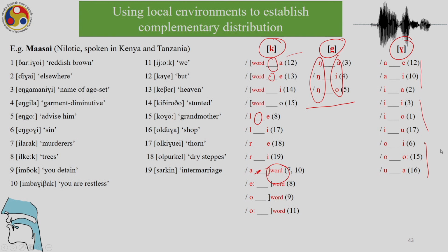Now, it is fairly clear that there is some complementary distribution at work here, because we see clearly that k is occurring in all these different environments, whereas g and r are very restricted.